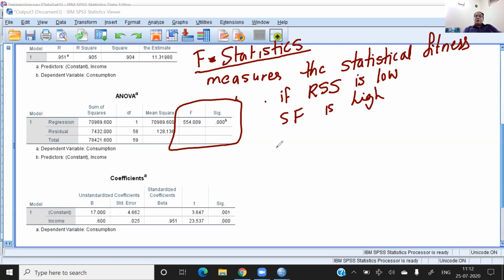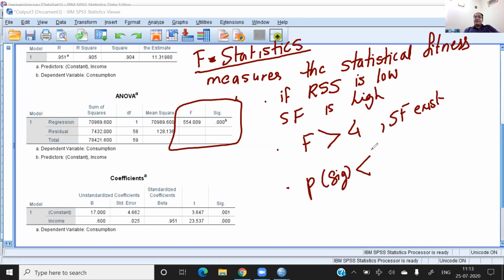Second, if the F value is greater than 4, which is the minimum required value of F statistic, then statistical fitness exists. And if the P value, known as the significance value, is less than 0.05, then we can say the regression model is fit.